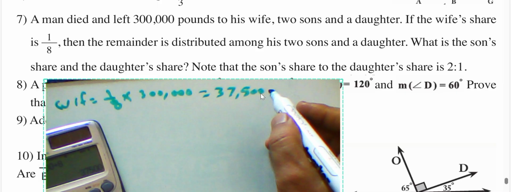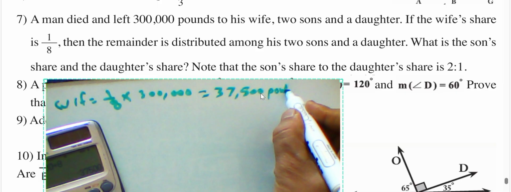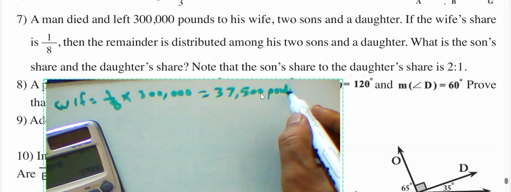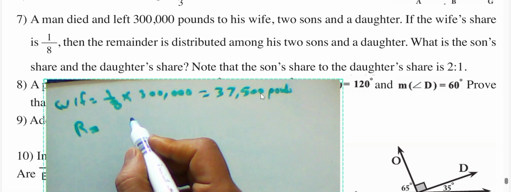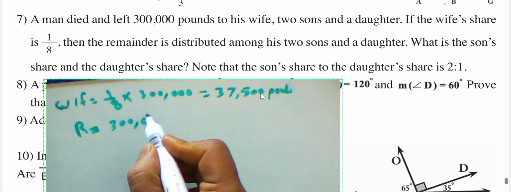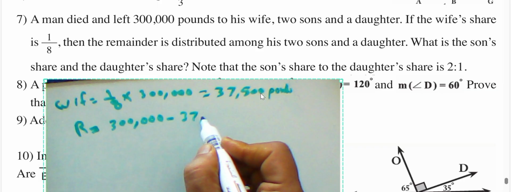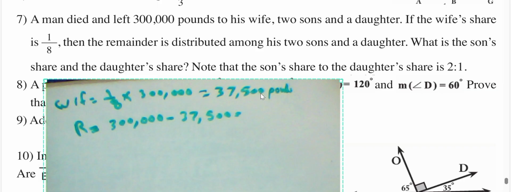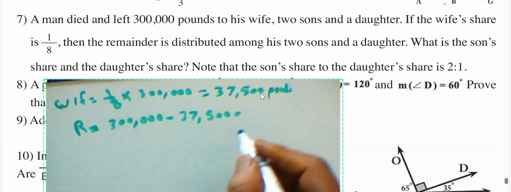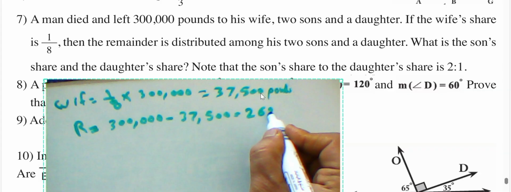She will take 37,500 pounds. Then we can find the remainder: subtract this number from 300,000. 300,000 minus 37,500, the result will be 262,500.